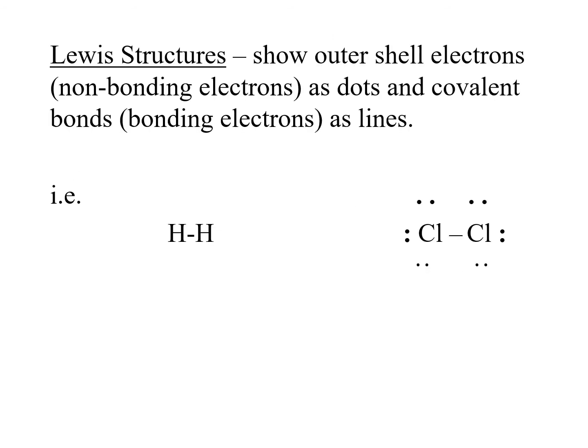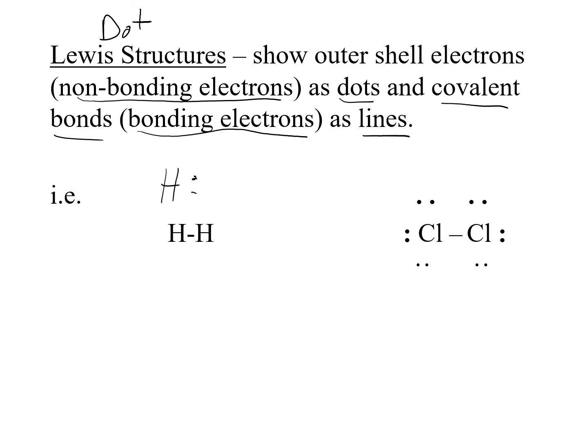Lewis structures, also known as Lewis dot structures, show your outer shell or your valence electrons. The ones that are not bonding are shown as dots, and the electrons that are being shared, or your bonding electrons that represent your covalent bonds, are drawn as lines. So for example, we looked at hydrogen.